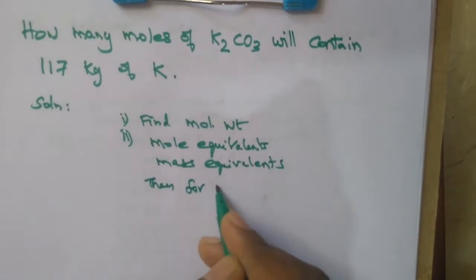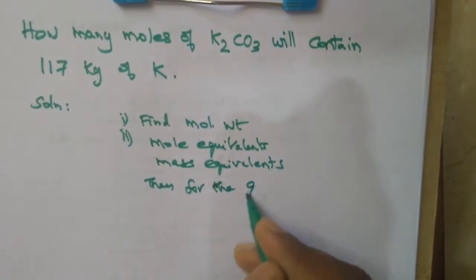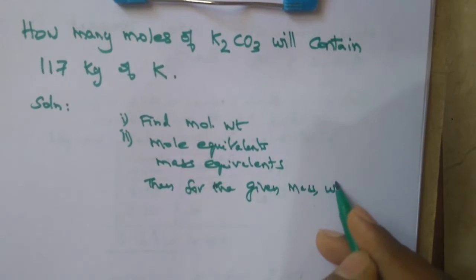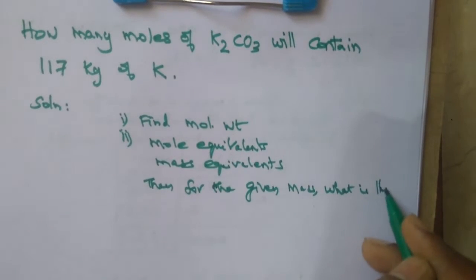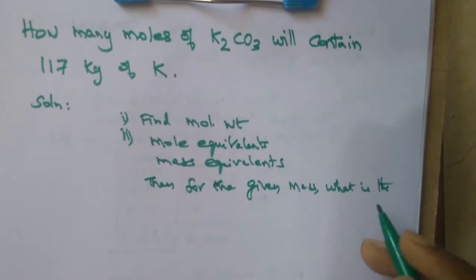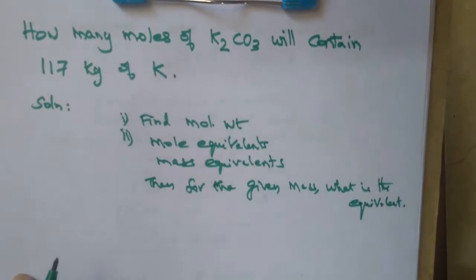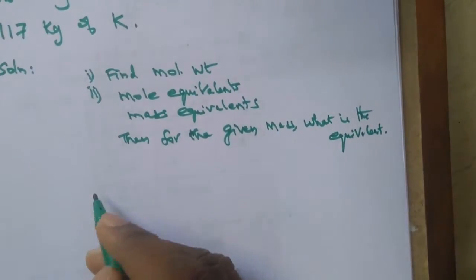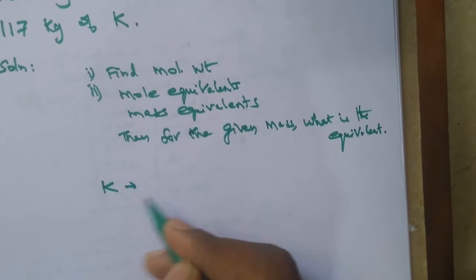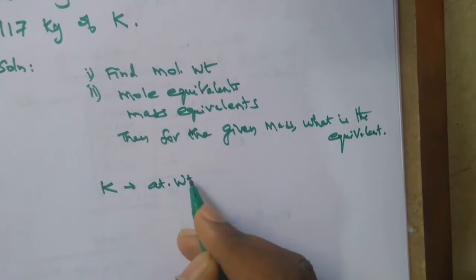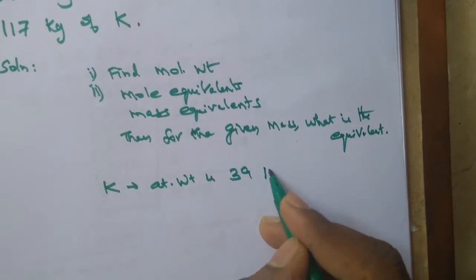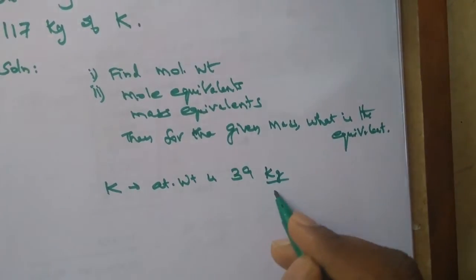Then for the given mass of 117 kg of K, we are going to find out the equivalent K2CO3. For a given mass of K, what is the corresponding mass of K2CO3, and then finally what is the moles of K2CO3? That's what we are going to find. So for this we should know the atomic mass of K. So atomic mass of K is 39 kg per kg atom.